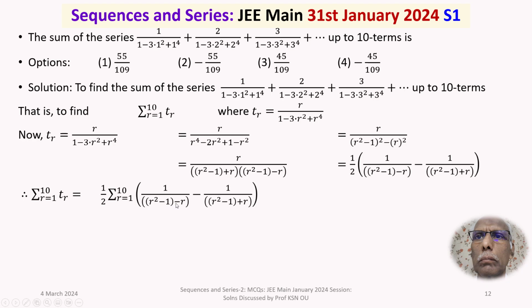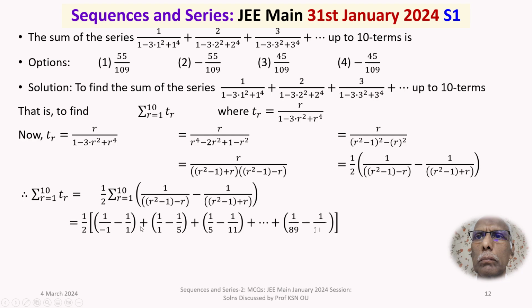If you expand it, the terms get cancelled, and what remains is the first term and the last term. So let's write down 1 by 2 into, for r equal to 1, 1 by minus 1 minus 1 by 1, plus r equal to 2, 1 by 1 minus 1 by 5, plus r equal to 3, this will give you 1 by 5 minus 1 by 11, and so on and so forth.